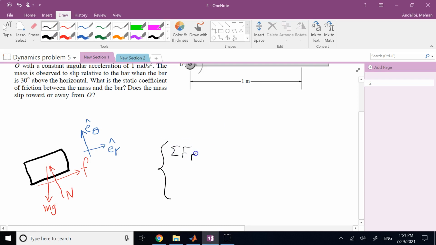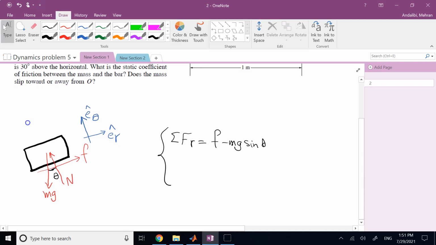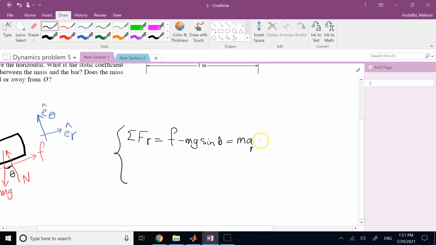Sum of forces in the radial direction is going to be equal to F minus mg sine of theta, where this angle here is theta, and this is equal to m times a_r. And if you know from your kinematics, the radial acceleration is r double dot minus r times theta dot squared.